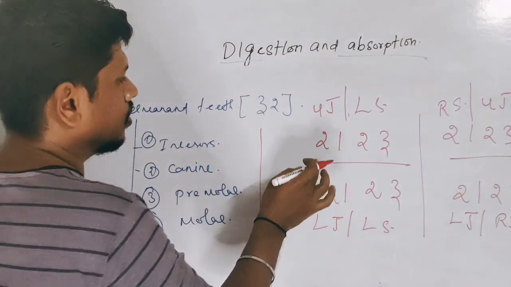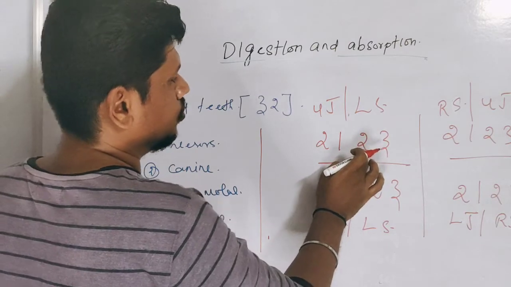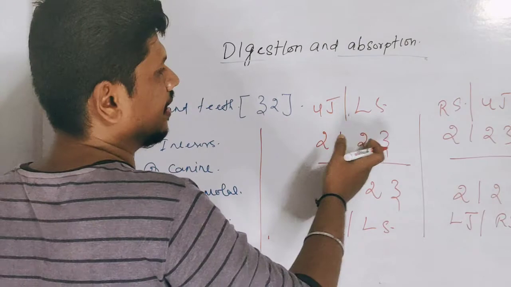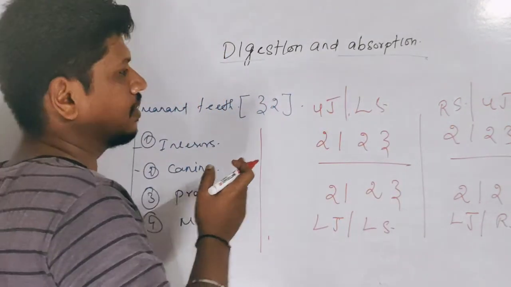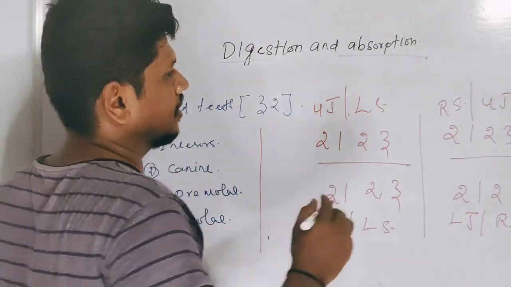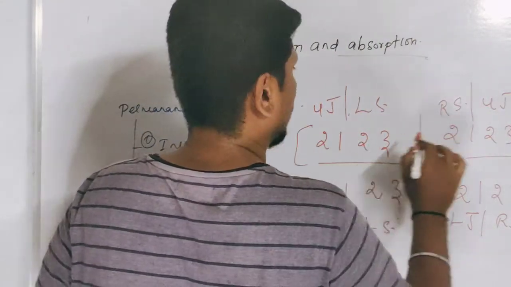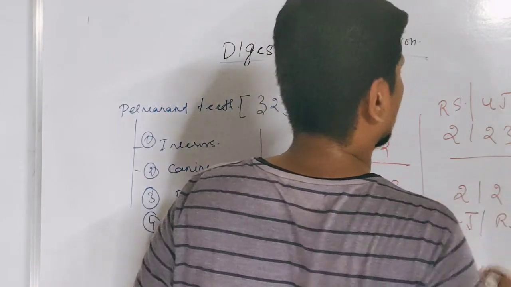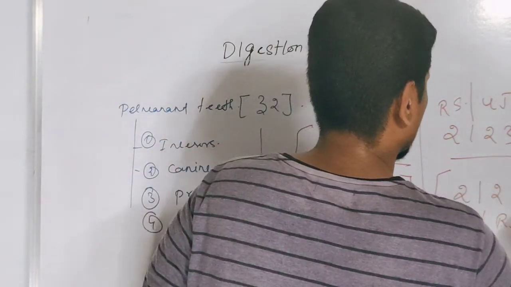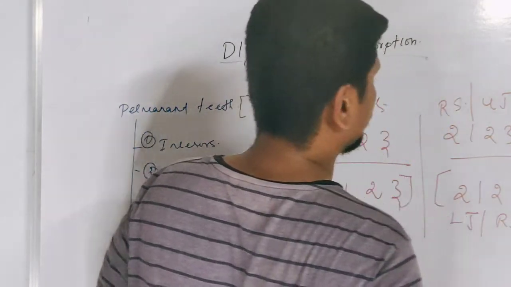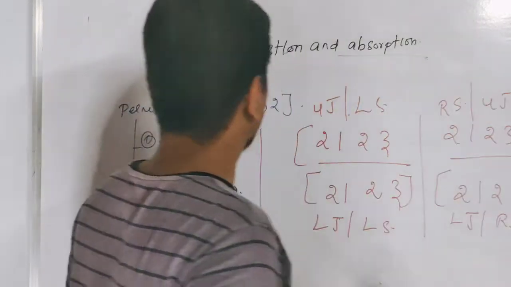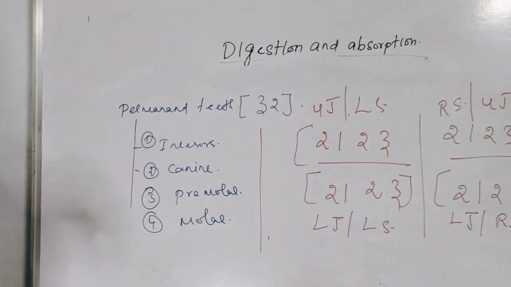Now once you count 2 plus 2, 4, again 1 plus 3, 4, which means here 8, left hand side also 8, similar way right hand side also 8, which means total 16 in upper jaw. Similar way down also 16 in lower jaw, which means total it is around 32.